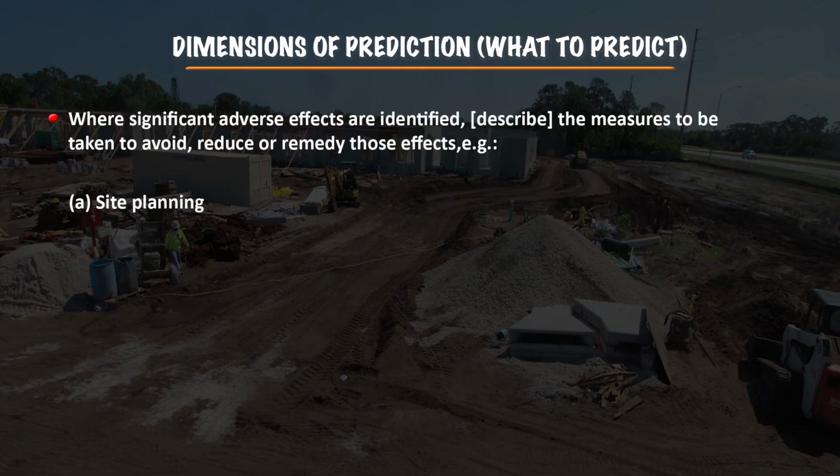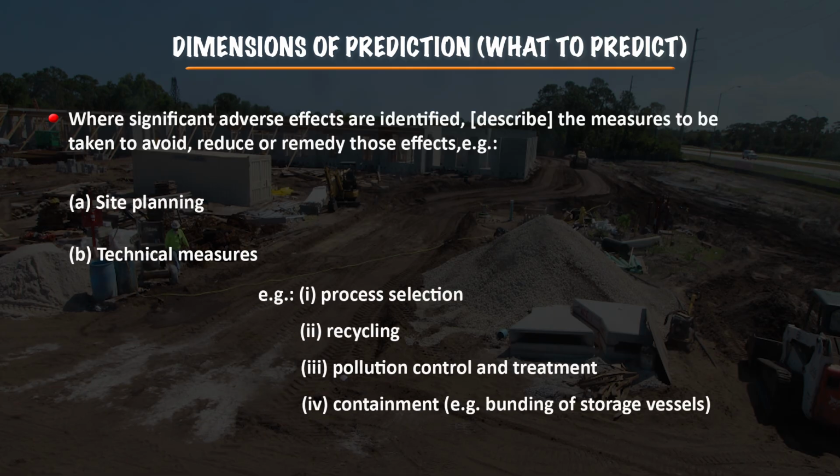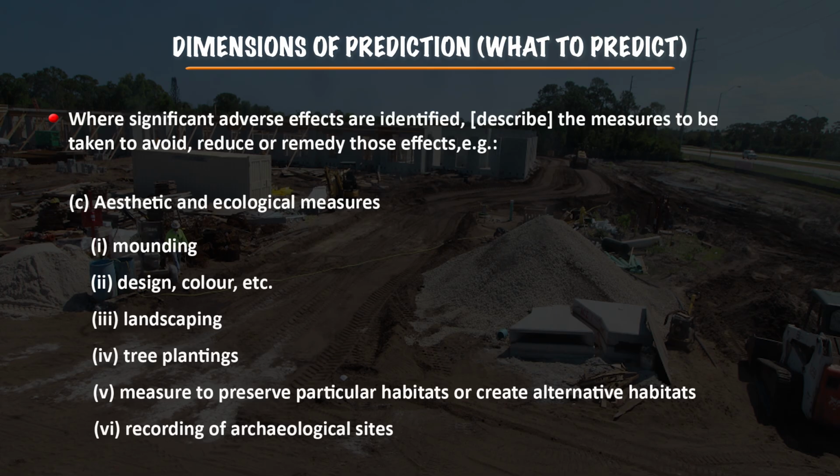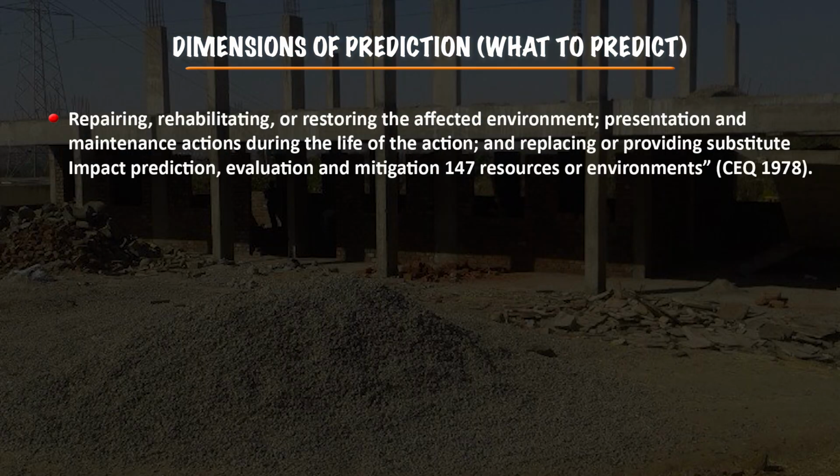effects, like site planning, technical measures or process selection, recycling and pollution control and treatment, containment, that is bunding of storage vessels, or aesthetic and ecological measures like mounding, design, color and landscaping, tree planting and measures to preserve particular habitats or create alternative habitats, or recording of archaeological sites, and measures to safeguard historic buildings or sites, repairing and rehabilitation or restoring the affected environment.